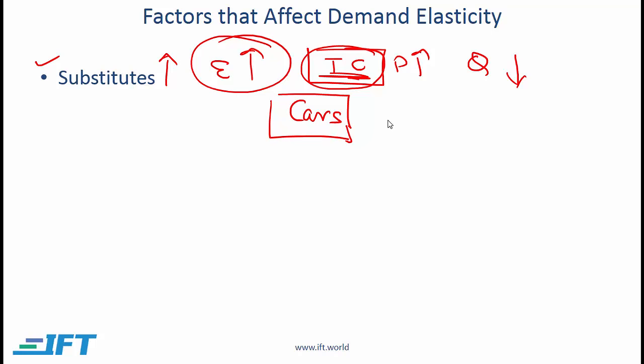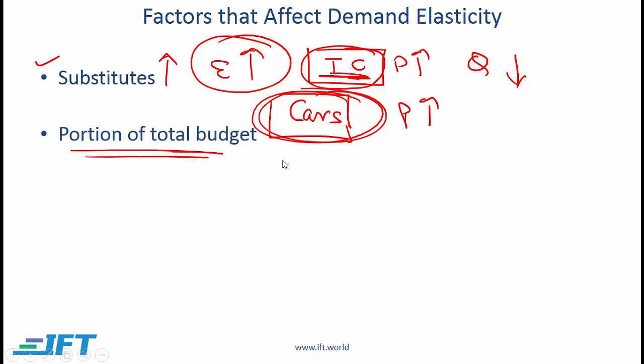On the other hand, if you are in a city like Dallas, then there might not be so many close substitutes. But let's consider a city like Dallas where there is effectively no public transportation. There obviously the substitutes are not easily available. So if we define our category as cars, then a change in price is not likely to have a huge impact on the quantity demanded. So in this case, the elasticity will be relatively low.